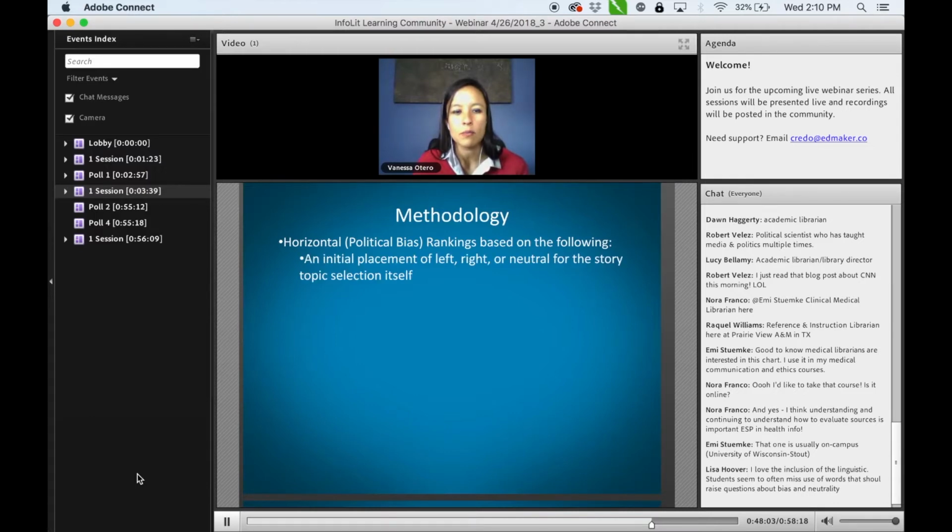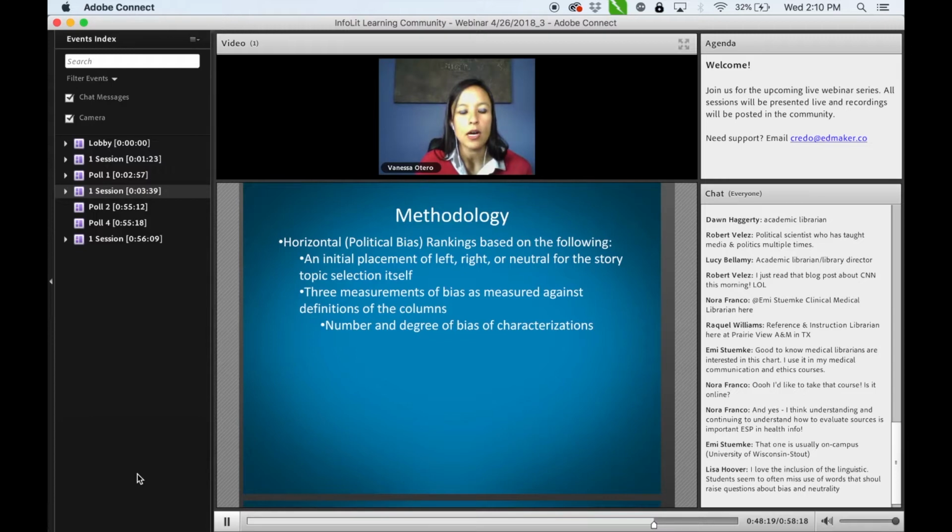The horizontal measures are based on initial placement of left, right, or neutral for the story topic selection itself. And then 3 measurements of bias as measured against the definitions of the columns that I mentioned before. So, for example, I would go through the articles and count the number and degree of bias of characterizations of political actors.